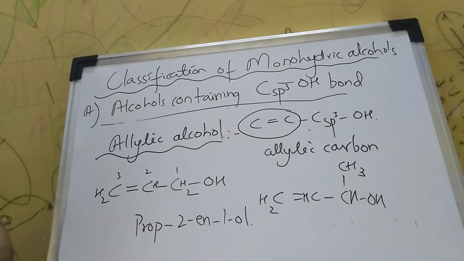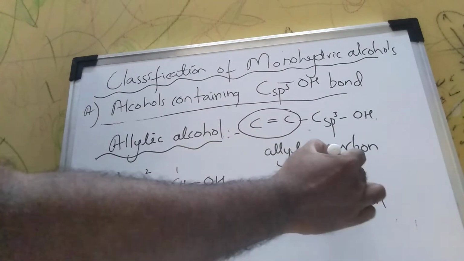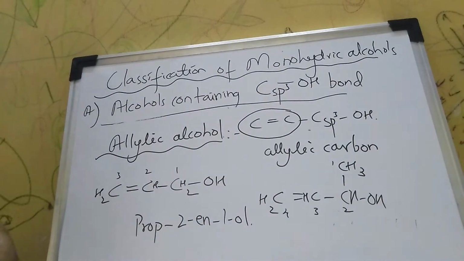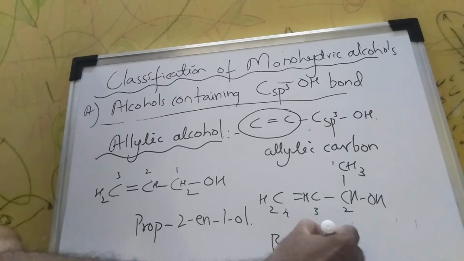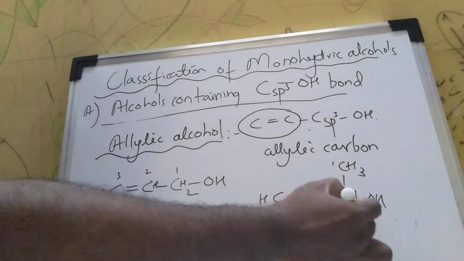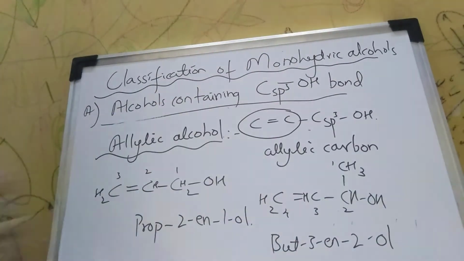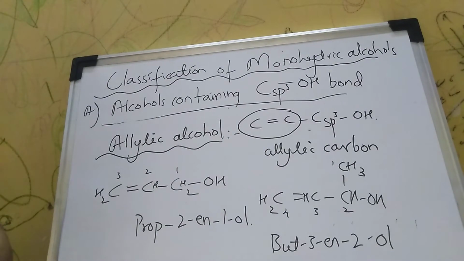The counting goes where the OH gets the lowest number, so we'll start from here: 1, 2, 3, and 4. 4 means but. The double bond is on the third carbon atom, but-3-en. And the OH is on the second one, 2-ol. But-3-en-2-ol.